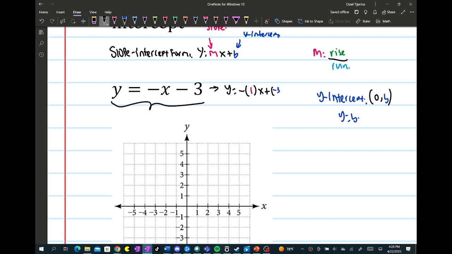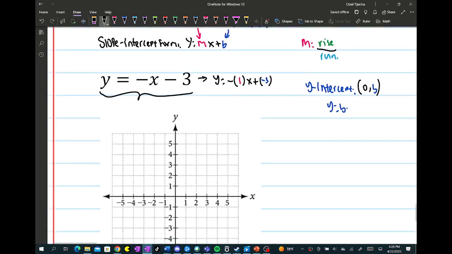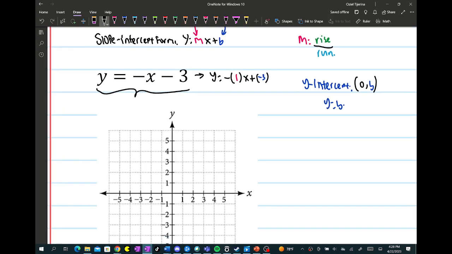The one thing to note here is that you should not get confused. This whole thing is the slope. It's not 1, it's negative 1. So really it's y equals negative x plus negative 3, which is y equals negative 1 x plus negative 3.